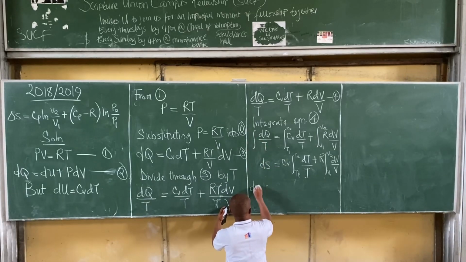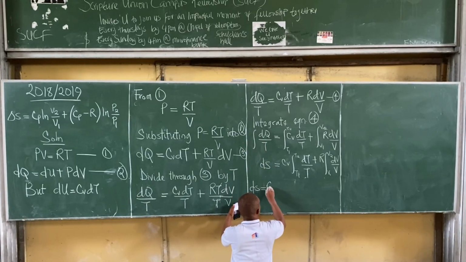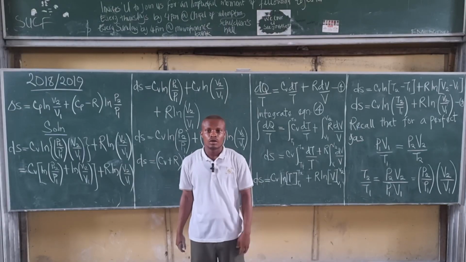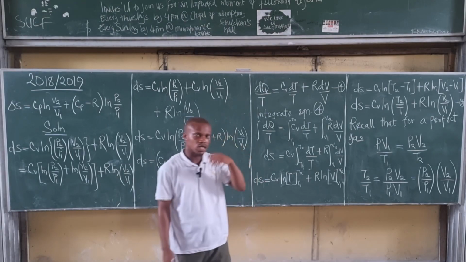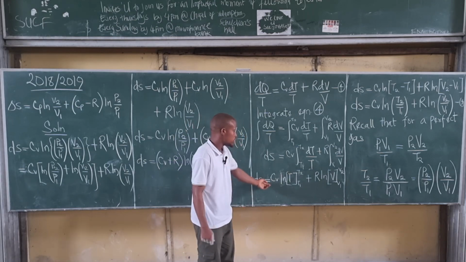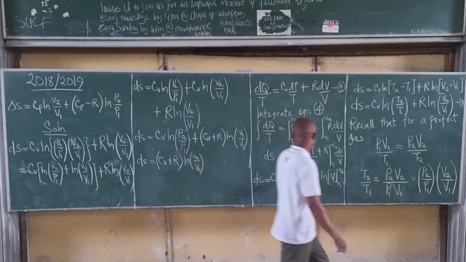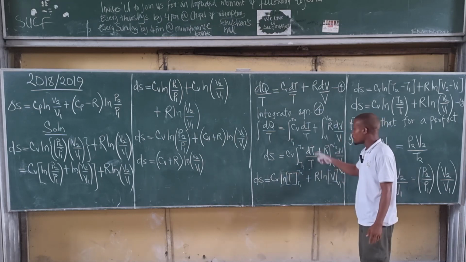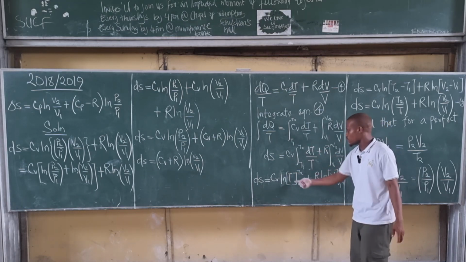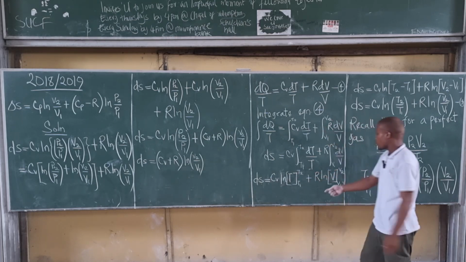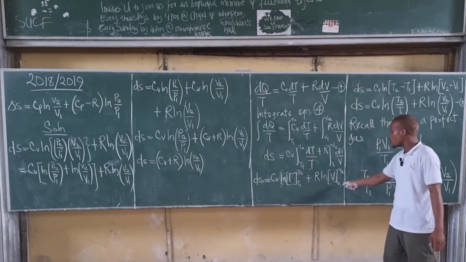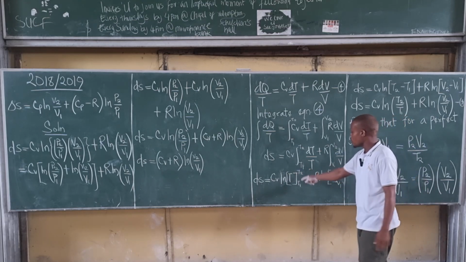Okay, welcome back. Sorry, there was a technical glitch. Okay, let's start from here. Delta S is equal to Cv ln T after integrating 1 over T, plus R ln V after integrating this to the limits V2 and V1, and this to the limits T2 and T1.